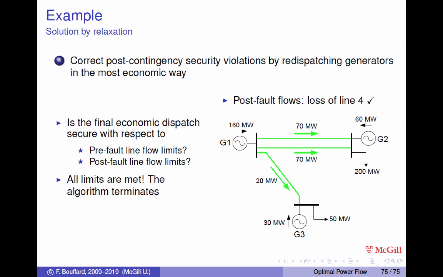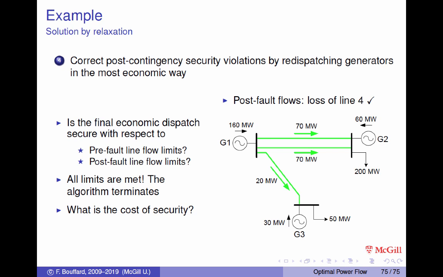Okay, so all limits and our constraints are met. The algorithm terminates, and then the question you can ask yourself is, what is the cost of security? Well, the cost of security here is the increment in cost from the original economic dispatch problem.